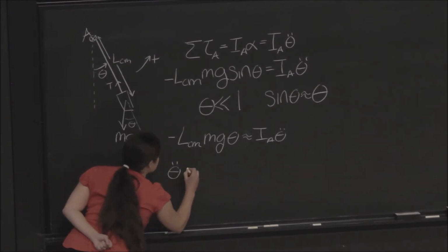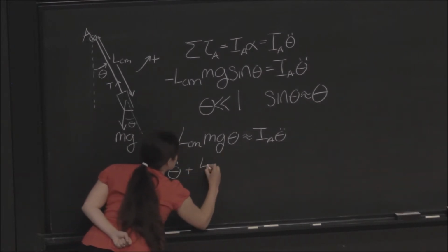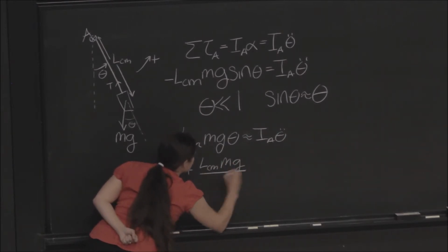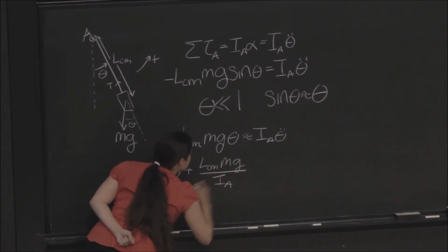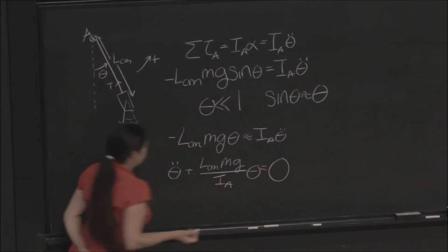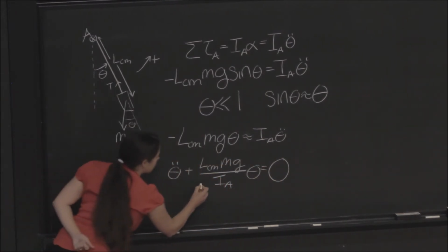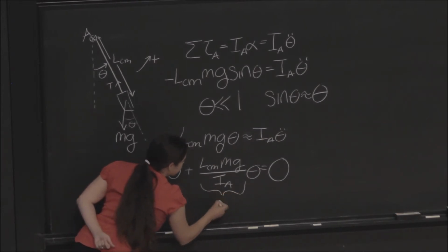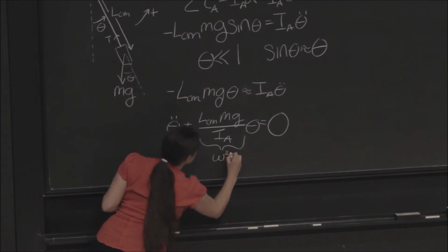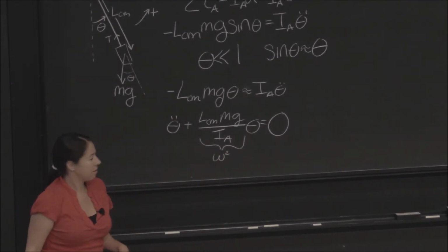Theta double dot plus L_CM mg over the moment of inertia at point A times theta equals 0. Awesome. What is this? My omega squared. But then it's just g over L_CM.